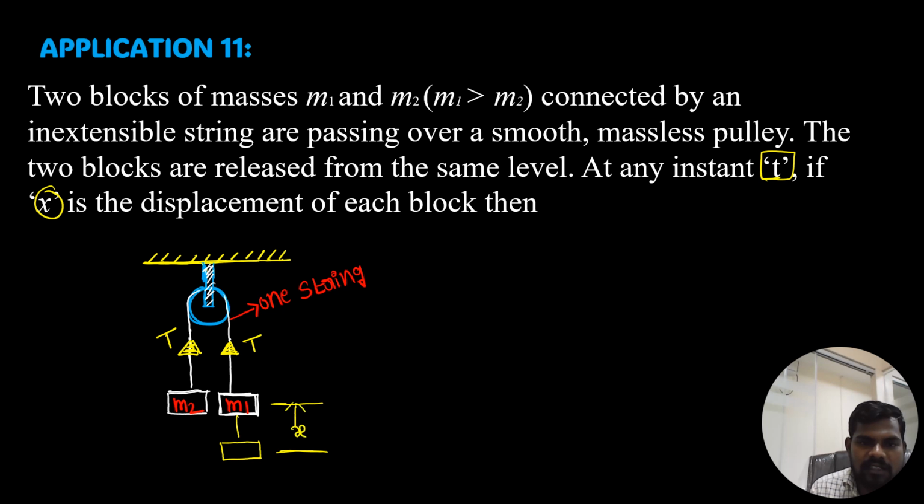X is the displacement. So how much M1 is moving downward, M2 is also moving upward the same distance x in this case. Right? Please observe in this diagram, M1 is moving downward, M2 is moving upward.